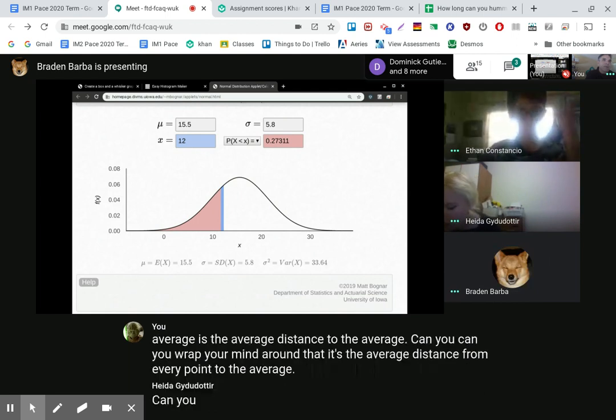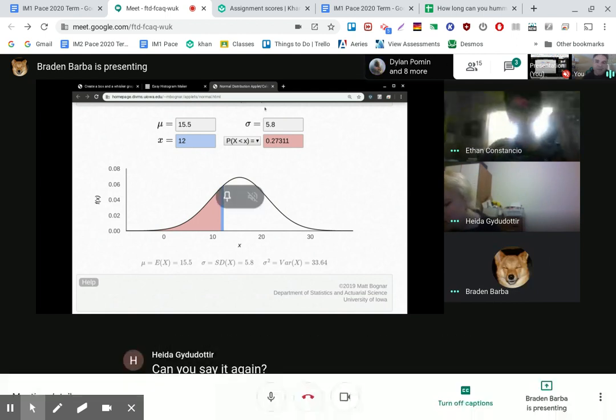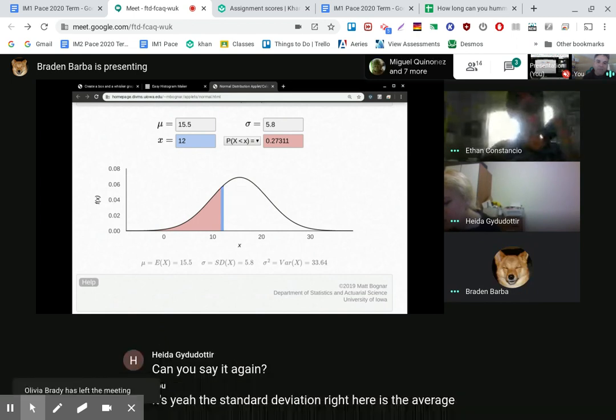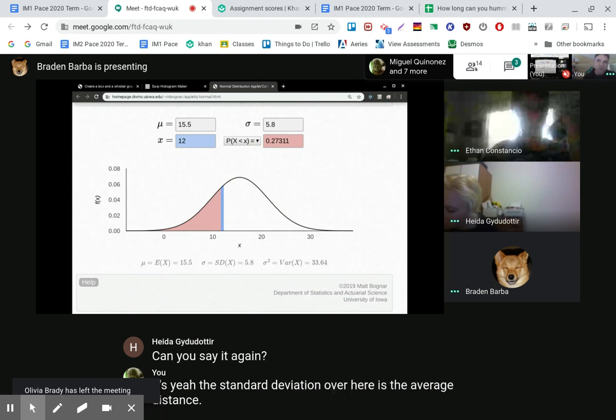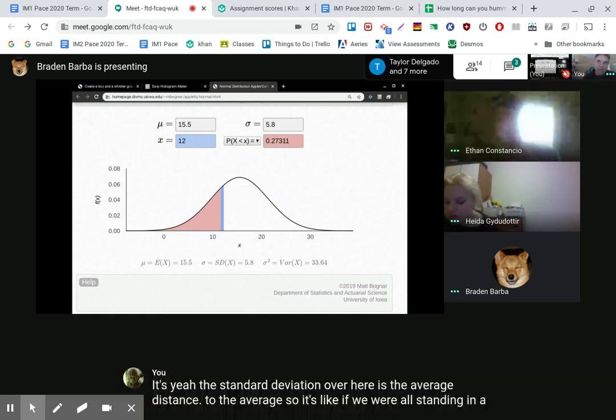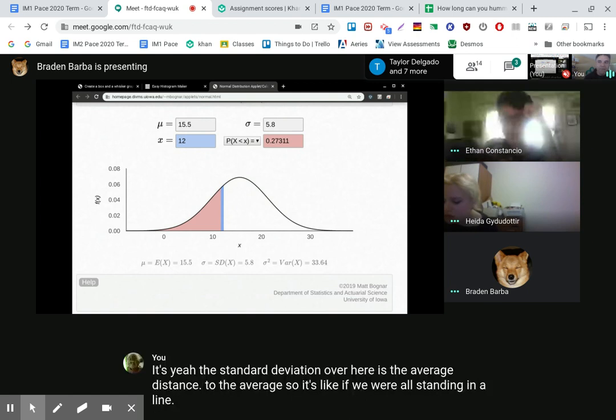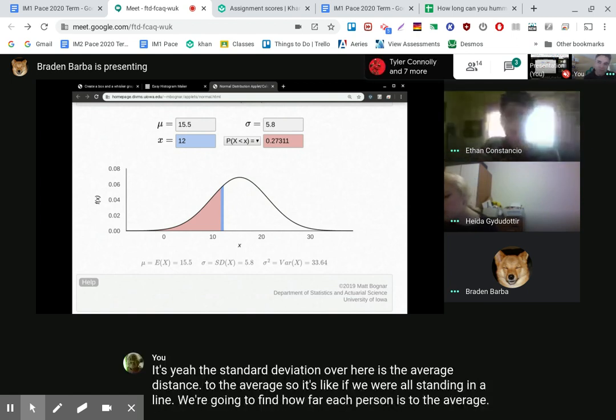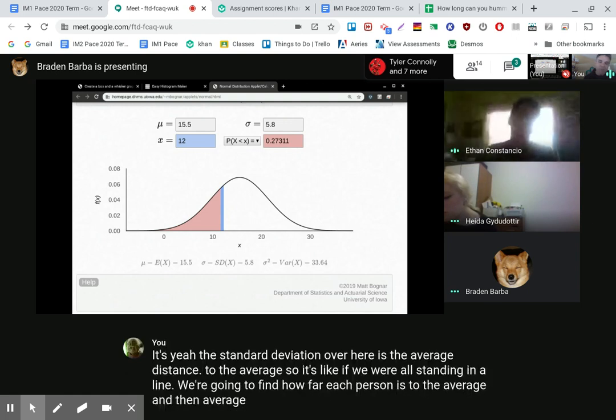It's like if we were all standing in a line, we're going to find how far each person is from the average and then average all of those numbers together.